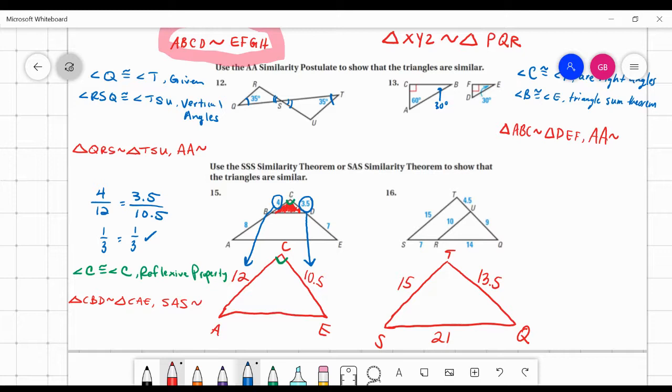Okay, so I'm comparing the big triangle to this triangle here. And I'm going to prove that they're similar by side-side-side. So that means that all three corresponding side lengths have to be proportional. So I'm going to compare the 10 to the 15, the 9 to the 13.5, and the 14 to the 21.